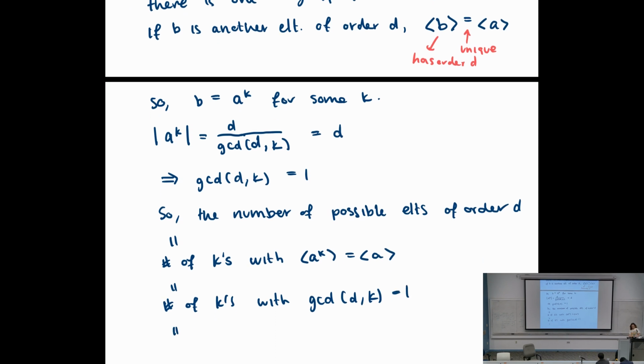So this is counted by phi of D. And that completes the proof. I know that was kind of rushed at the end, so if you have questions about this, you can hang after to ask them. And next time we will be talking about permutation groups.